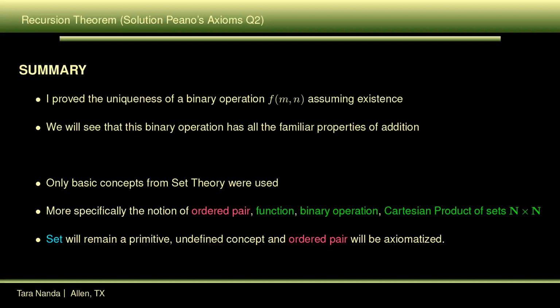The binary operation was defined as a special case of function. The Cartesian product is in turn a special type of object called relation, which is defined in terms of ordered pairs. So I can safely assume that they have been defined.